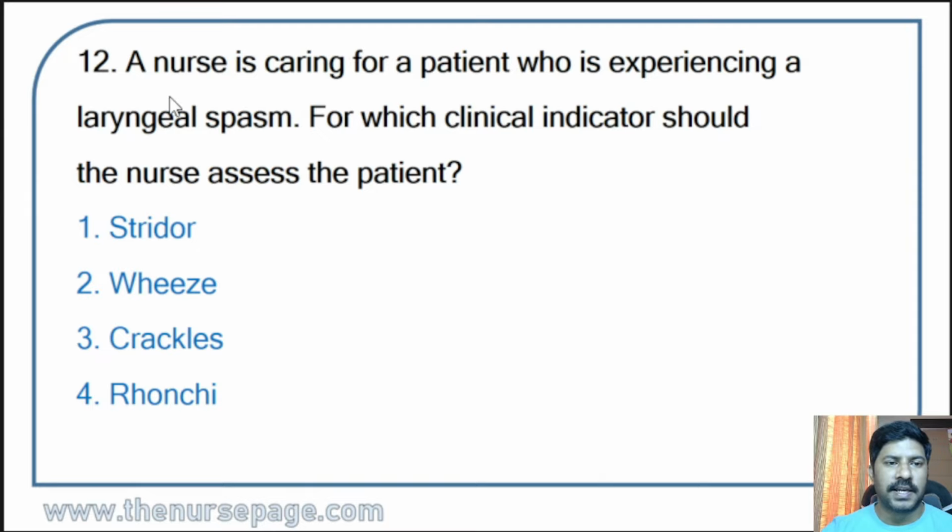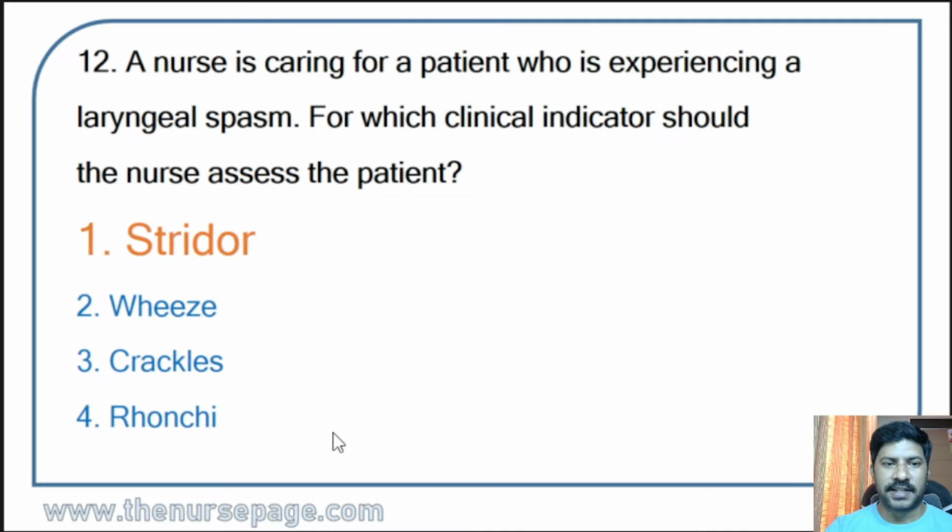12th question. A nurse is caring for a patient who is experiencing a laryngeal spasm. For which clinical indicator should the nurse assess the patient? Stridor, wheeze, crackles, rhonchi. Correct answer is stridor. The main symptom of laryngeal spasm is stridor, which we can auscultate.